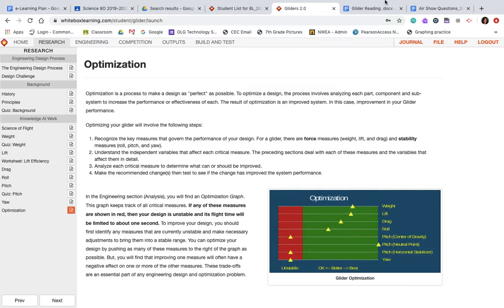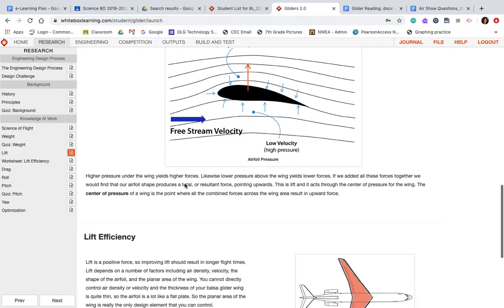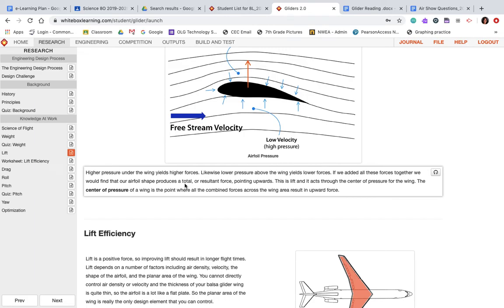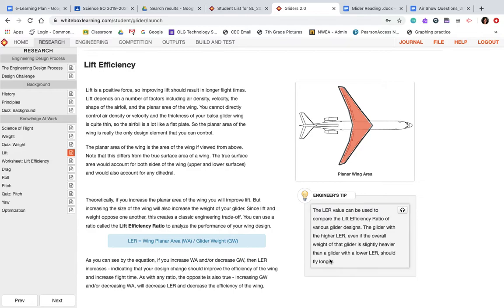Okay? So, as you're reading, there will be these different things that you will be able to do to change that. A lot of times they're in this engineer tip, or like in blue, that's important.